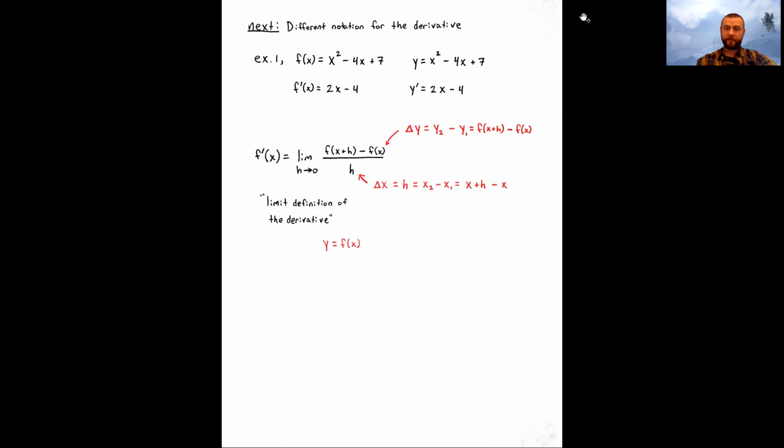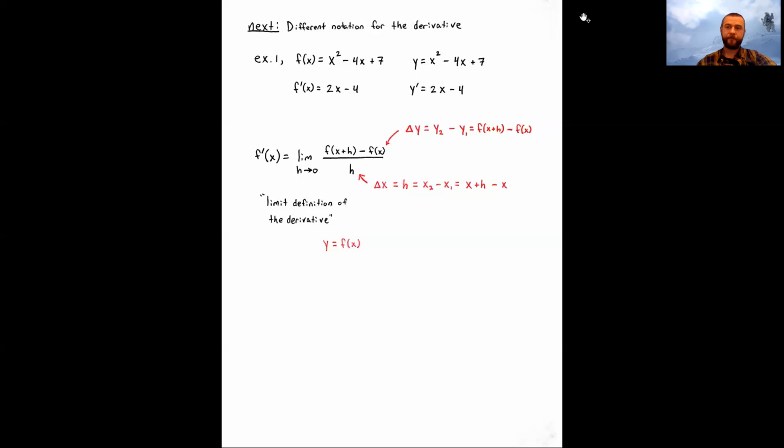Our numerator, recall, was the slope of the secant line that we started with. The numerator is your change in y values here. Delta y equals y2 minus y1. Now, we're just using the function interpretation. y2 is f of x plus h. y1 is just f of x.